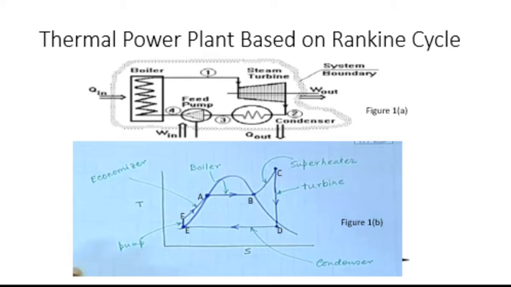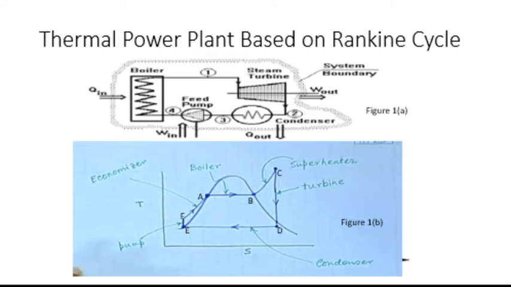As there is no exchange of heat, entropy will be constant, because capital S, that is entropy, is equal to dq by dT. What is dq? Q is nothing but the heat exchange. But as in the feed pump there is no heat exchange, there will be no change in the entropy.